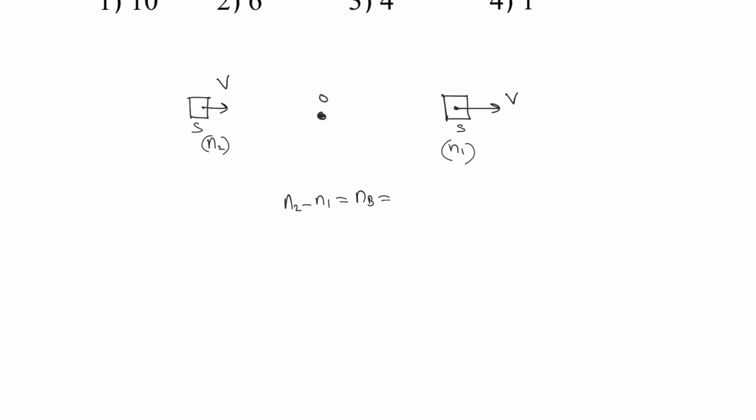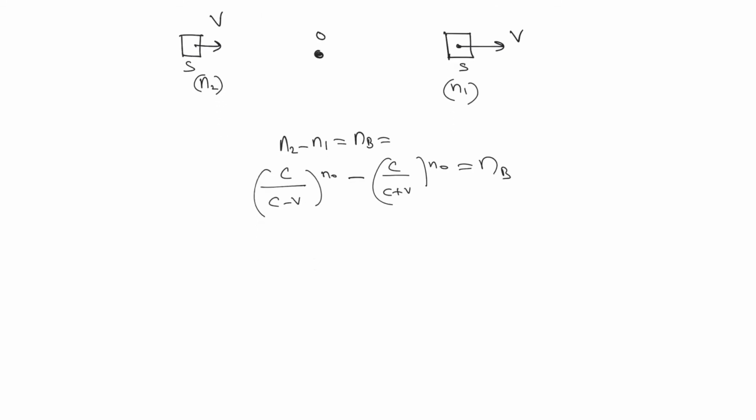As the source is moving away from the observer, we know the equation for its apparent frequency. c divided by c minus v into n naught, minus c divided by c plus v into n naught, will give the value of the beat frequency.